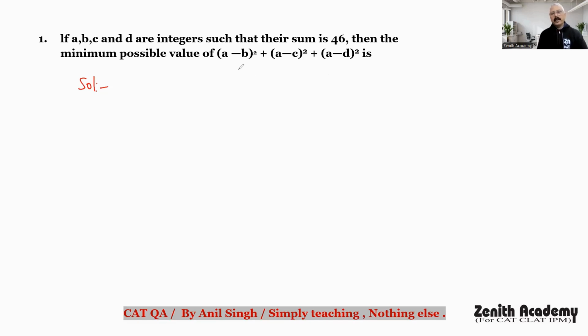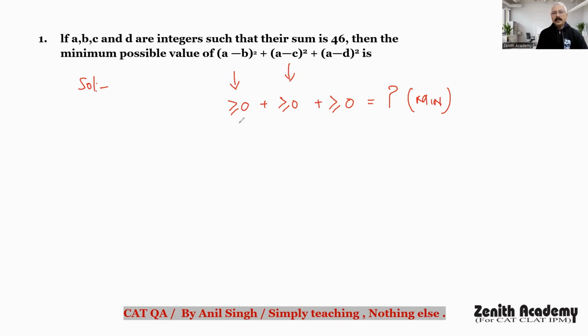So it is to be noted that (A minus B) square is greater than or equal to 0, right? Similarly, all these squares will also be greater than or equal to 0. And the summation of this is required, which must be minimum.